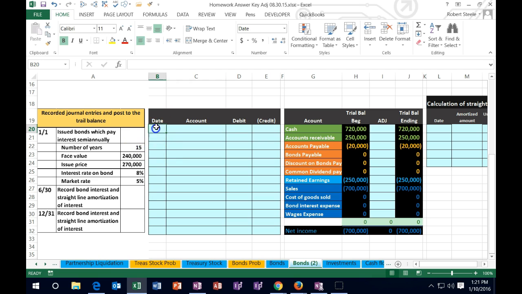So first item here on 1-1, we're going to issue bonds which pay interest semi-annually. So basis of this bond, unlike a note, one of the most common types of notes that we see are a mortgage or a car payment, something like that, where we pay off monthly, and oftentimes we pay off part of the interest and part of the principal.